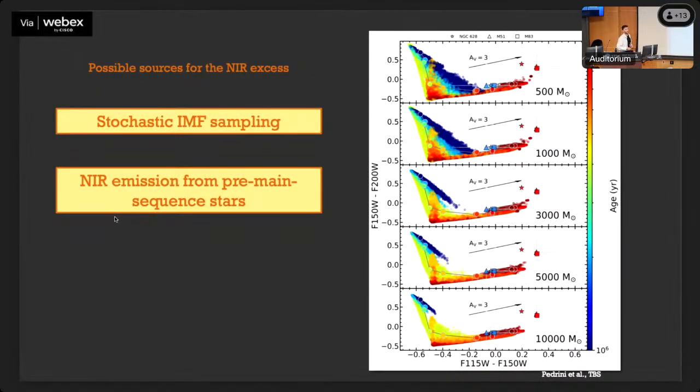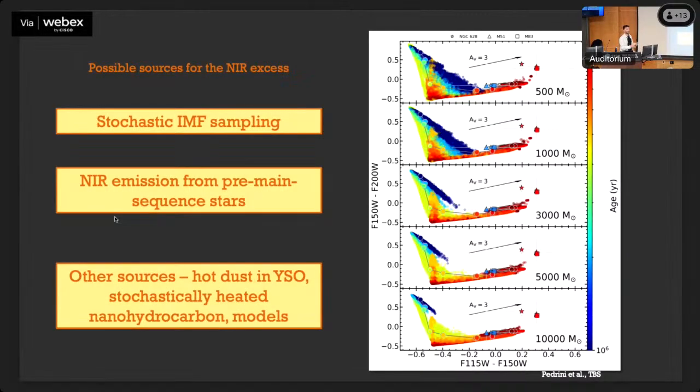Near infrared emission from pre-main sequence stars can also be a factor. And finally, there can also be other sources, for example YSOs that emit very hot dust, or maybe other models, like Kiana was also telling before, we need more precise isochrones and so on.